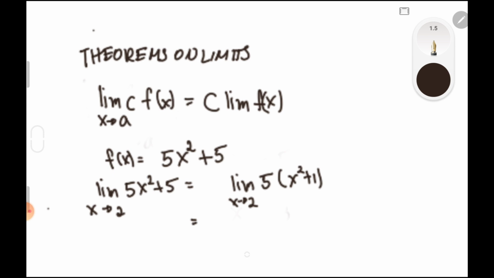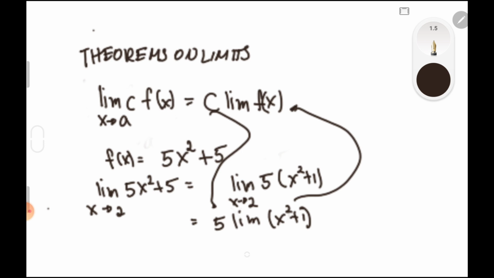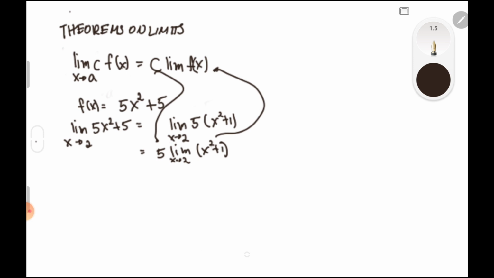Therefore it can be rewritten into 5 times the limit of x squared plus 1, which is your f of x, as x approaches 2. By further evaluating this limit, we'll have a value equal to 5 multiplied by 2 squared plus 1. Take note, when the limit is defined, we can immediately substitute the value of our x, which is equal to a. So we'll have 5 multiplied by 4 plus 1, so we'll have a value equal to 25.